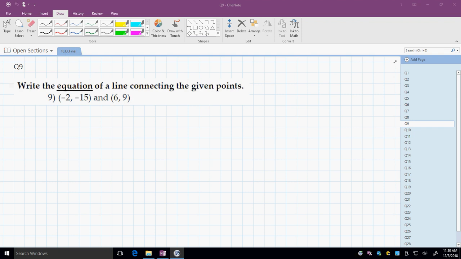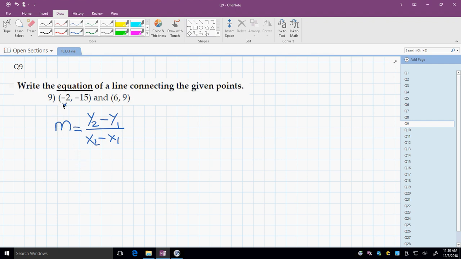Write the equation of the line containing the given points. When they give you 2 points and you don't have anything else, you have to go straight forward to find the slope. Slope is y2 minus y1 over x2 minus x1.